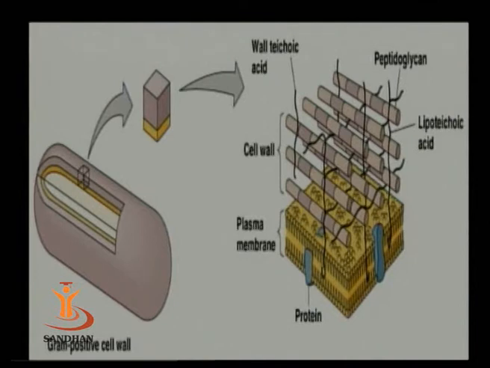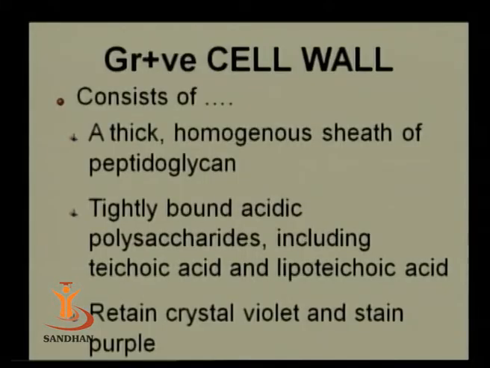It is clear from the figure that the peptidoglycan matrix covers the entire cell. The gram positive cell wall consists of a thick homogeneous sheath of peptidoglycan which tightly binds acidic polysaccharides, including teichoic acid and lipoteichoic acid.